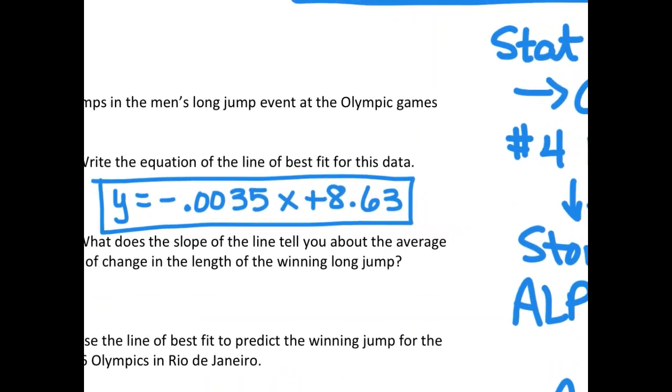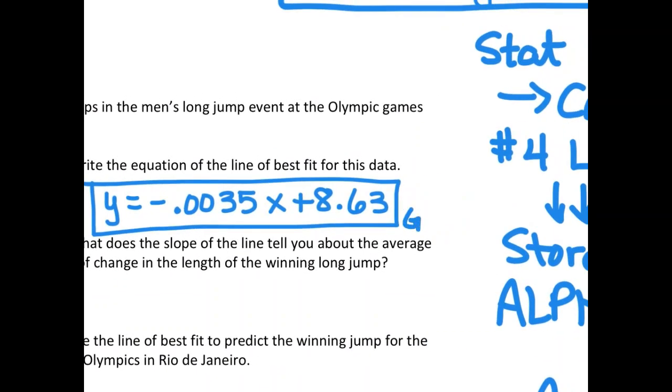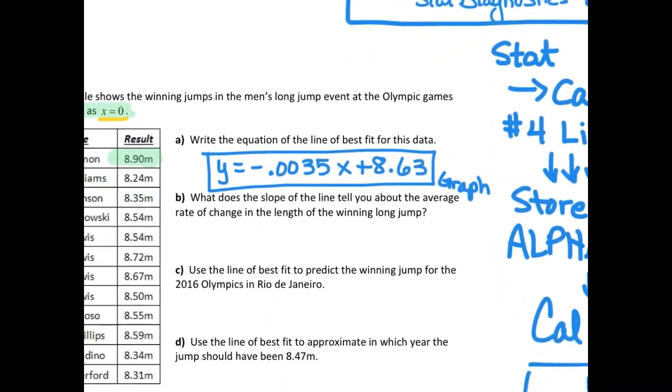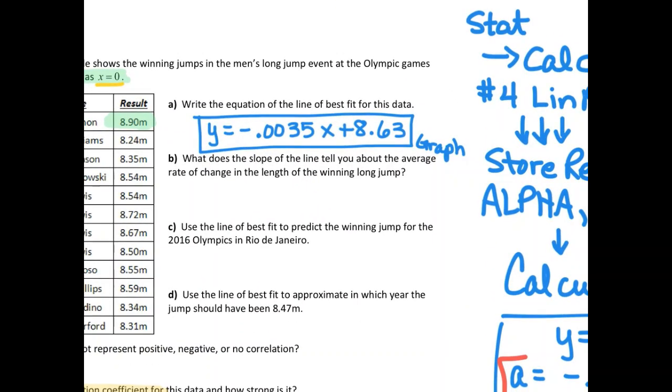And now if you just press graph, don't zoom anything, you should see a line being graphed through the data that you have, through the scatter plot that you looked at earlier. Now, remember that the slope of the line is this number right here.